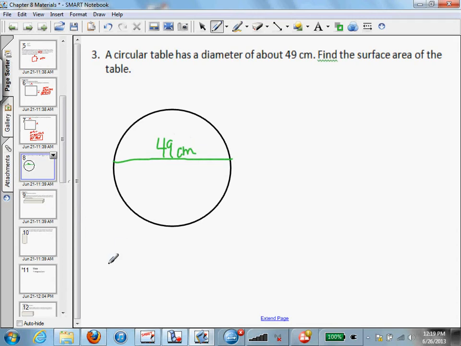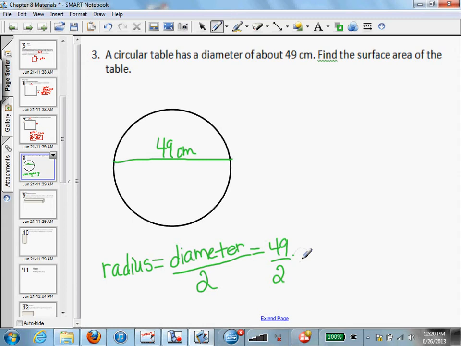Okay, and for this we need to know what the radius is actually. And how do we calculate the radius? We have the diameter, and we divide it by 2. So we have 49 divided by 2. So the radius is 24.5 centimeters.